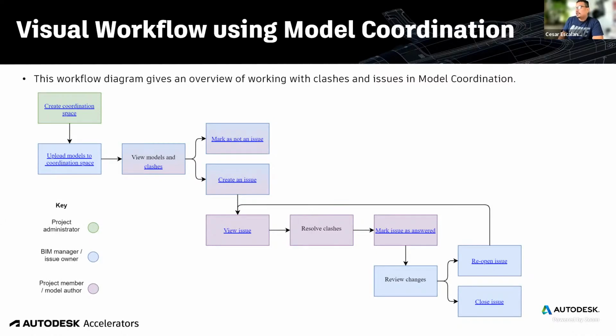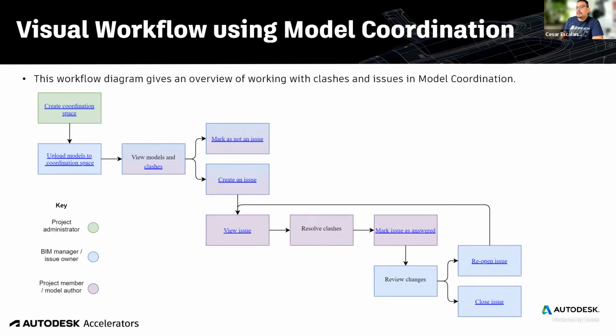There are different types of issues: issues related to design, issues related to clash detection, code compliance, commissioning, etc. The out-of-the-box tool has this whole list of issue types, where you can classify the type of comments that you want to track and assign responsibilities.